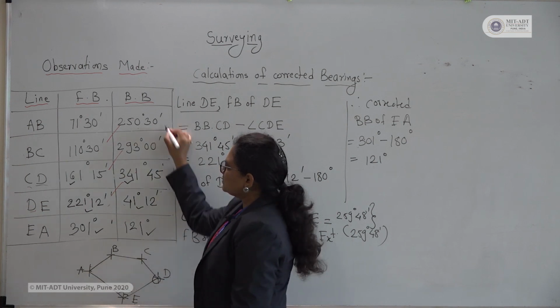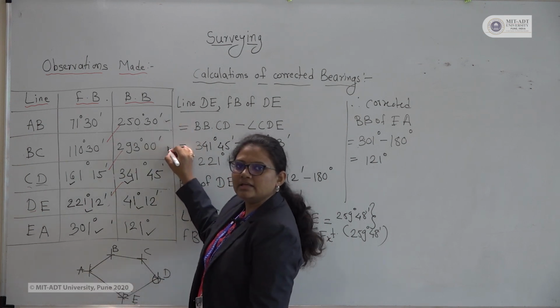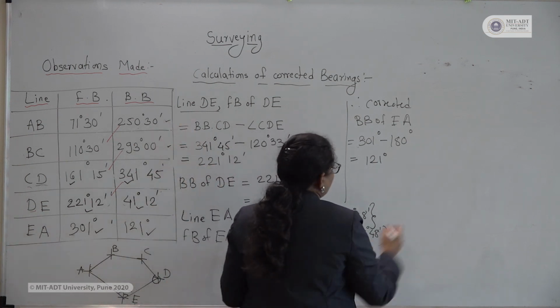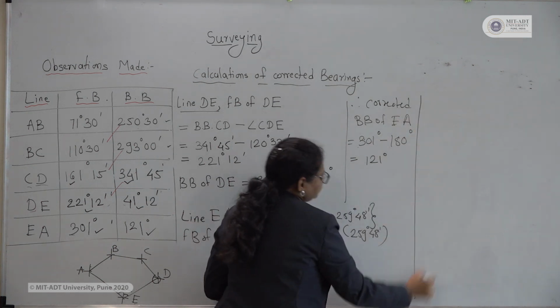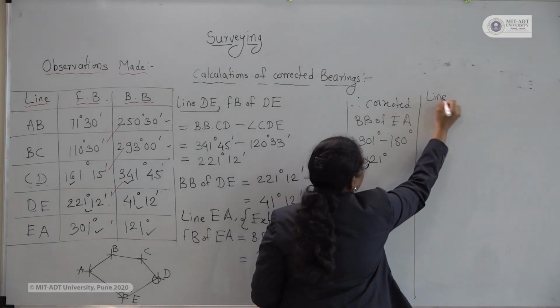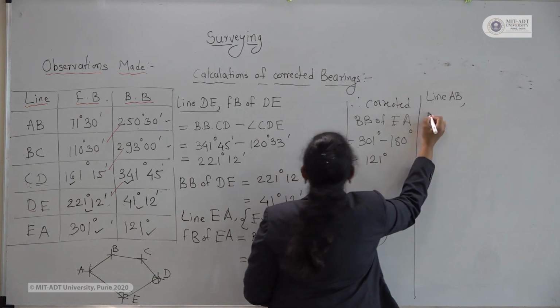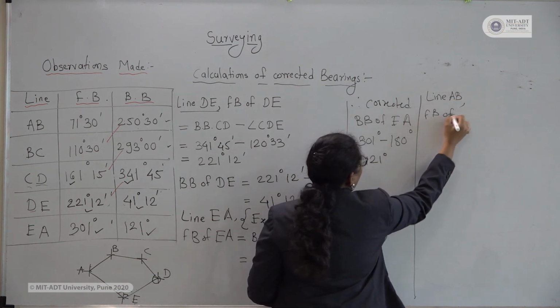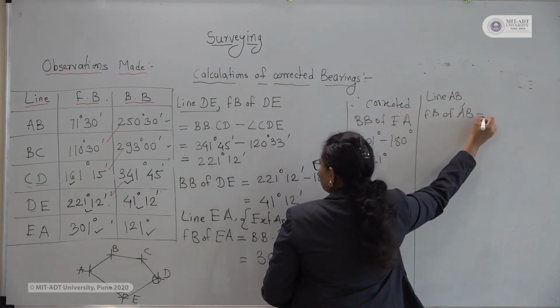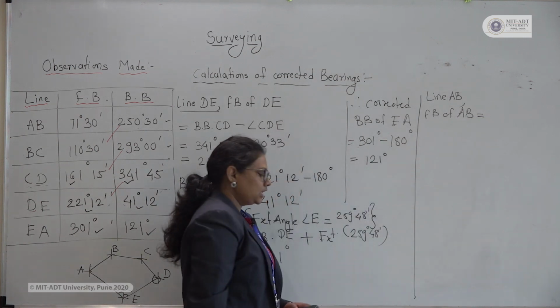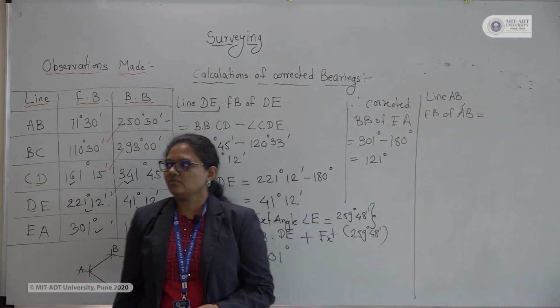Now, two lines are remaining: line AB and line BC. Again, for line AB, the fore bearing of AB will be equal to, for the fore bearing of AB what do we have to take?